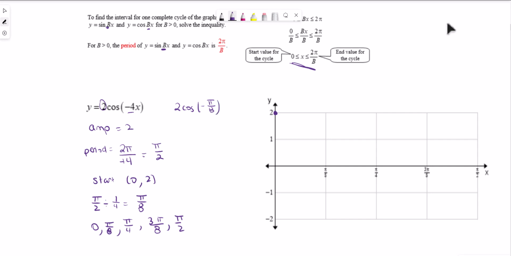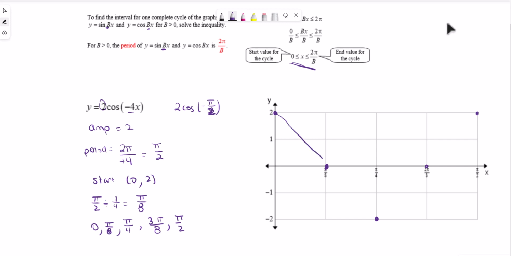But remember, cosine is an even function, so cosine of negative pi over 8 is the same thing as cosine of positive pi over 8, because cosine is positive in the fourth quadrant. I'm sorry, that should be pi over 2, which is 0. And then at pi over 4, it's going to go down to negative 2, then 0, then positive 2.